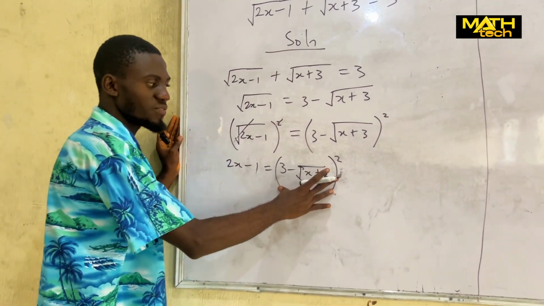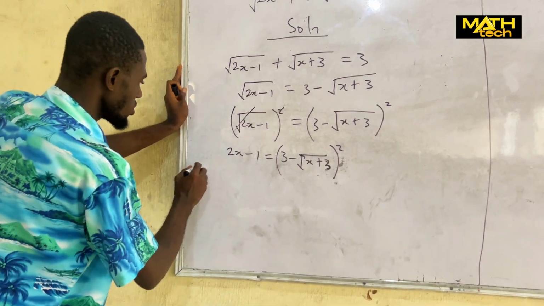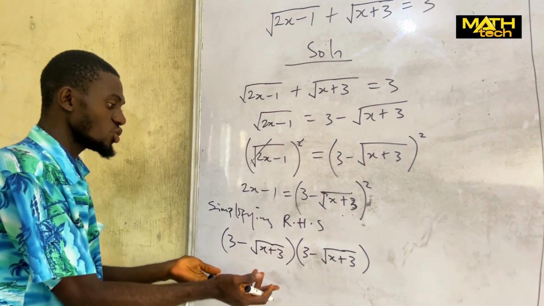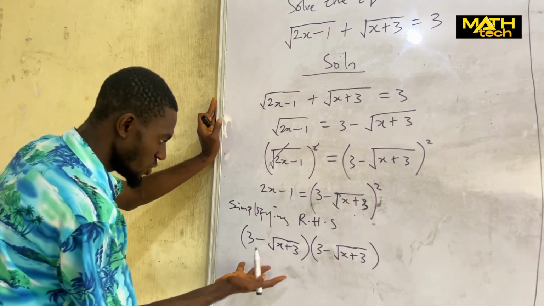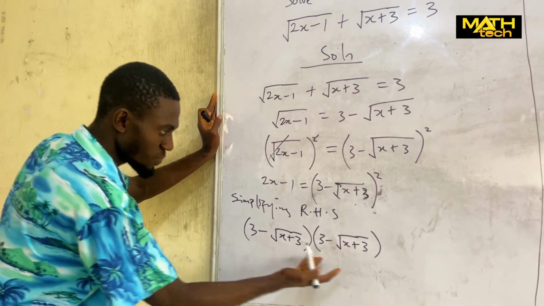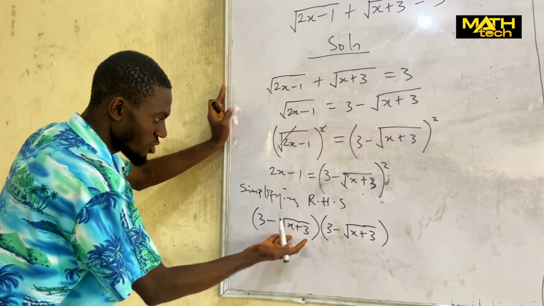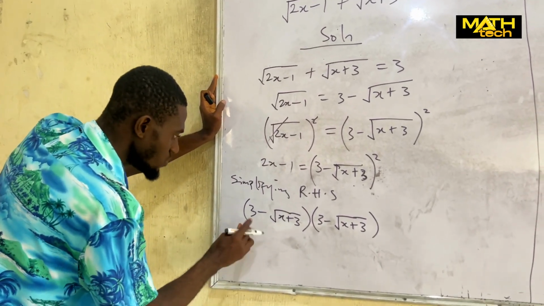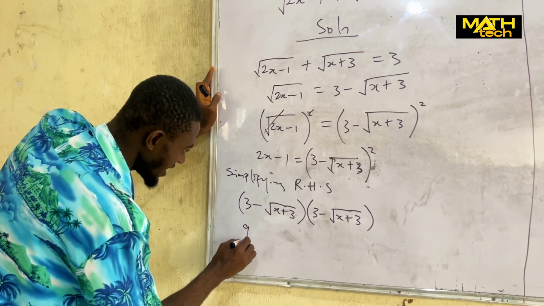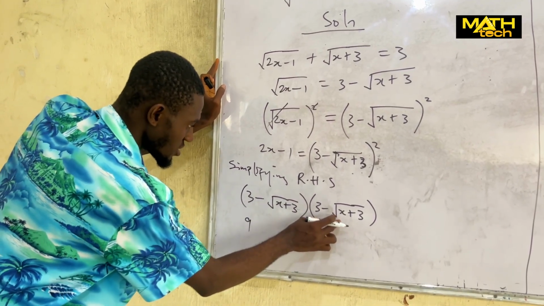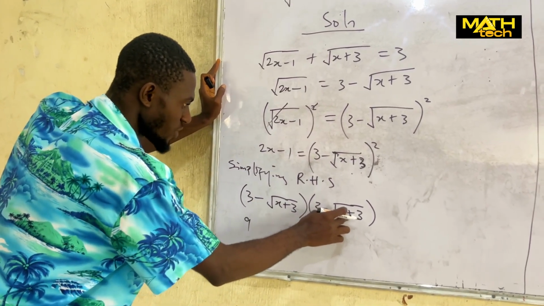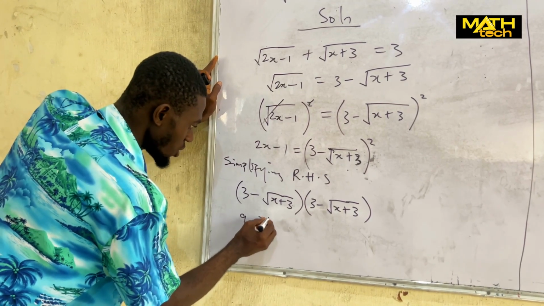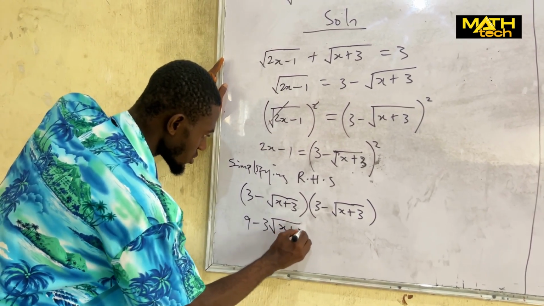So let's simplify the right hand side. We follow the normal procedure of expansion to get it. We use the first value in the bracket to multiply the second bracket, and also use the second value in this bracket to multiply the second bracket. 3 times 3 here gives us what? 9. 3 times minus square root of x plus 3 gives us minus 3 square root of x plus 3.